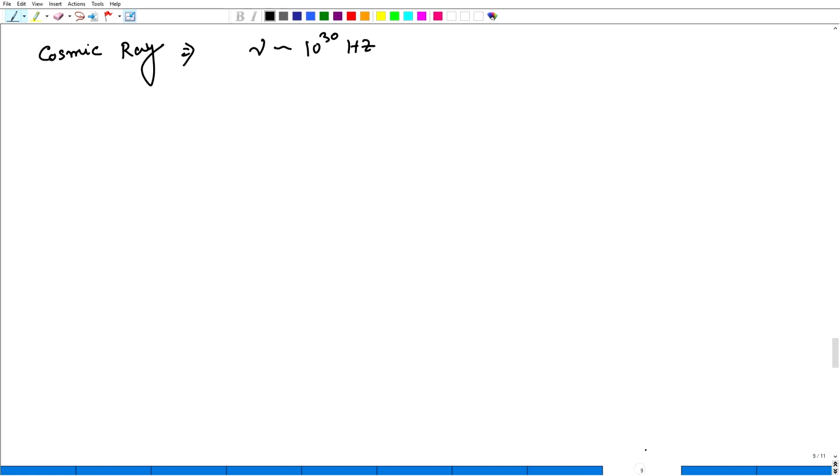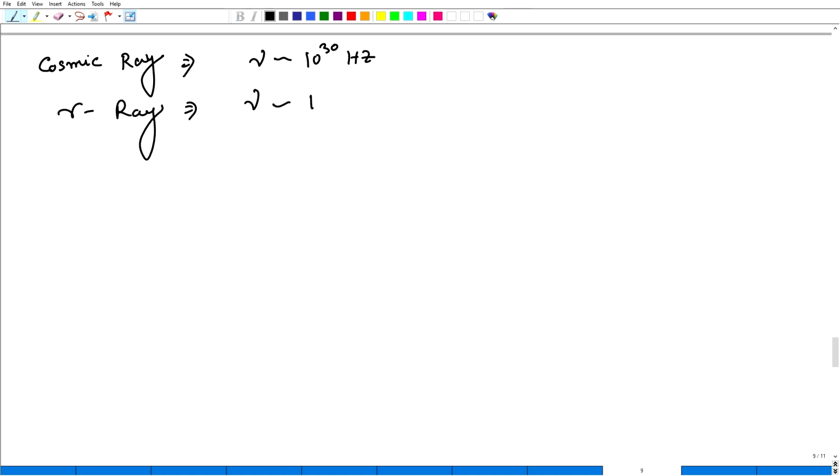Next is our gamma ray. The frequency of gamma ray is essentially around 10 to the power 22 hertz. It actually varies from 10 to the power 19 hertz to 10 to the power 27 hertz, but briefly we can say around 10 to the power 22 hertz.